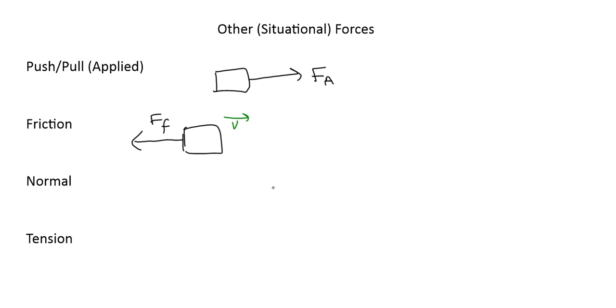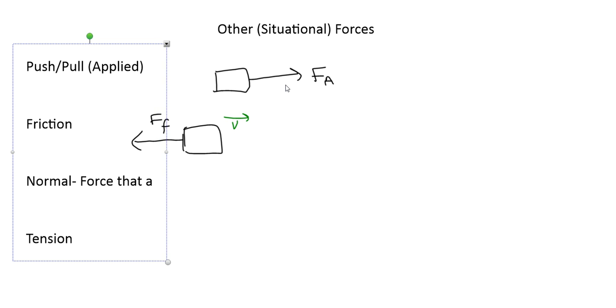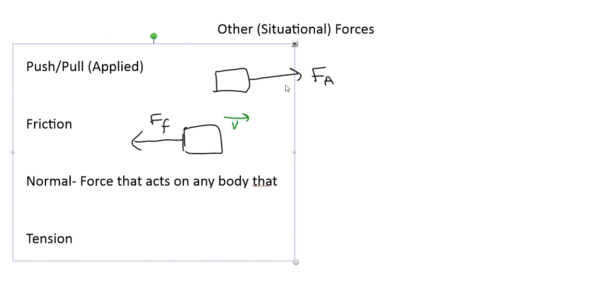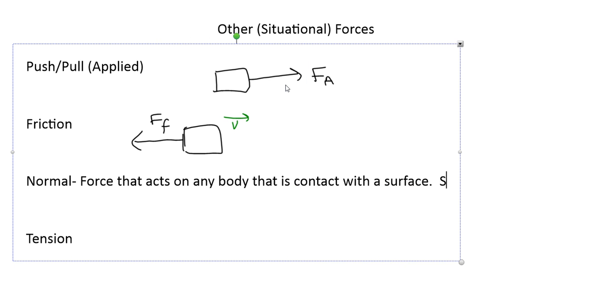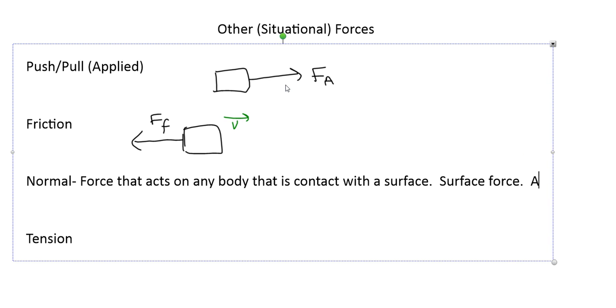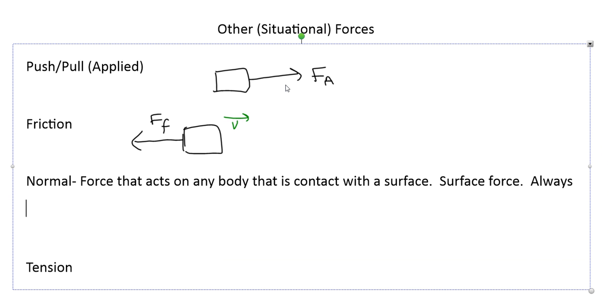Then we have a normal force, and a normal force is the force that acts on any body that is in contact with the surface. So this is a surface force. And it is always perpendicular to the surface.